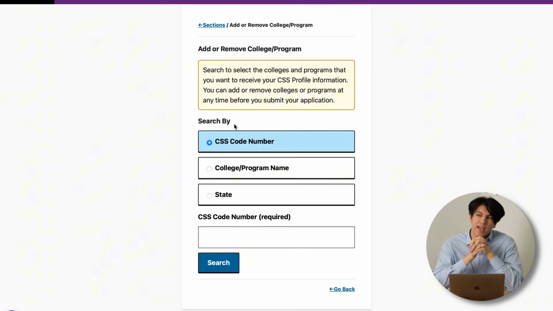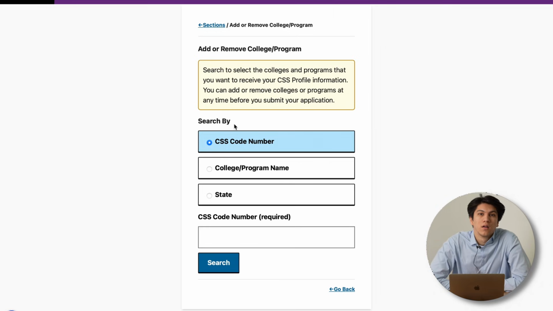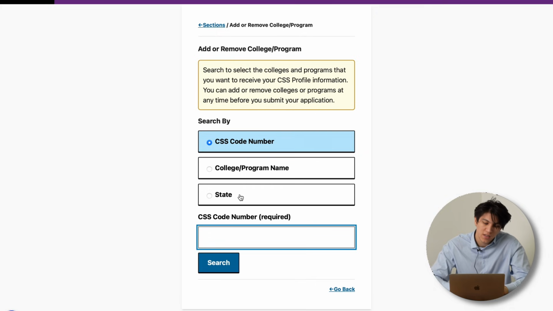For example, if you say, hey, I need money, I cannot fill out the CSS profile, but then you say, let's say, give me a fee waiver, they will say, hey, we don't have CSS profile fee waivers, please fill out the ISFA, right? Or a financial form. Let's search college program name, New York University.